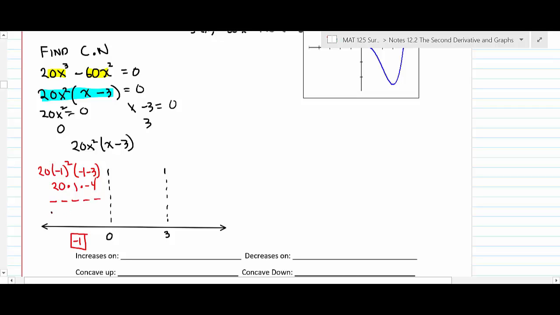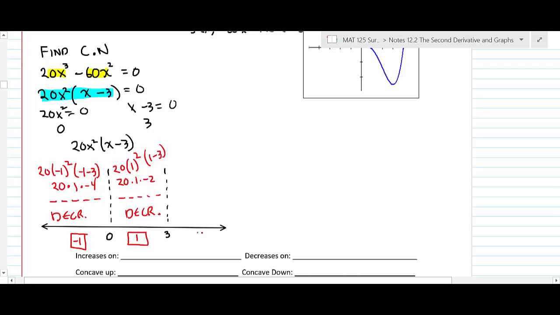That tells you the function is going to decrease. A number between 0 and 3, let's go with 1. So we're going to do 20 times 1 to the second times 1 minus 3. What's that? Negative, because that's 20 times 1 times negative 2. It's also negative. So that means the function's decreasing.